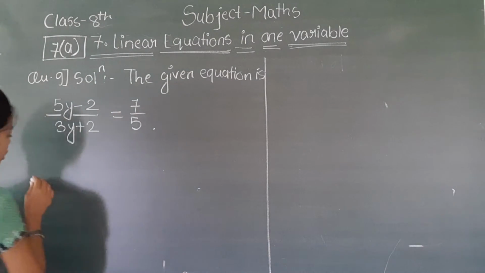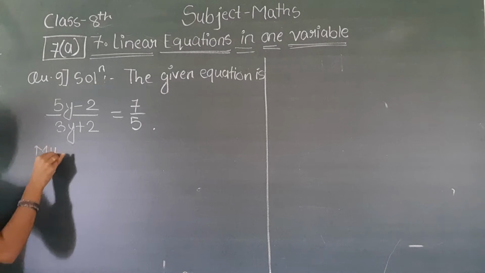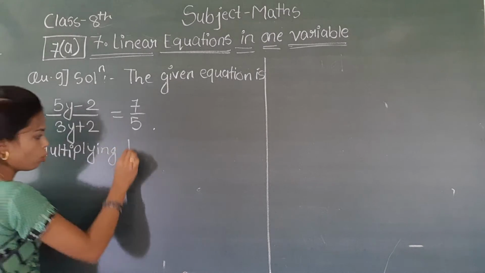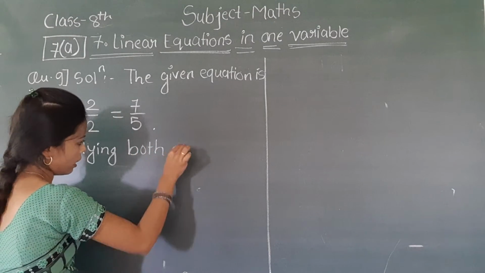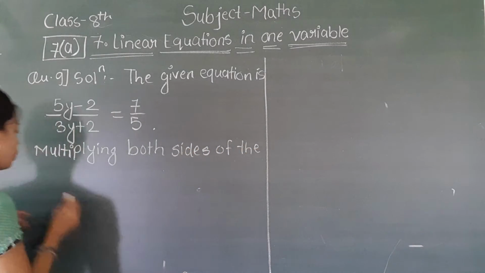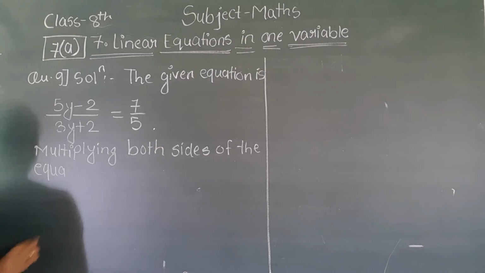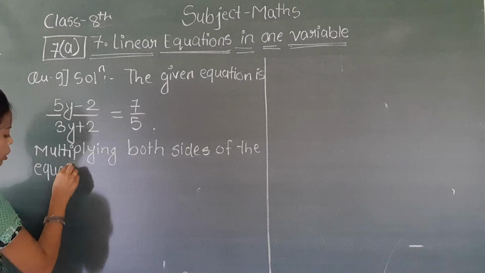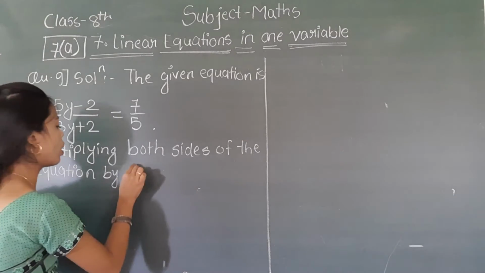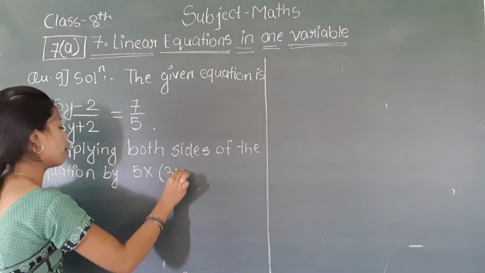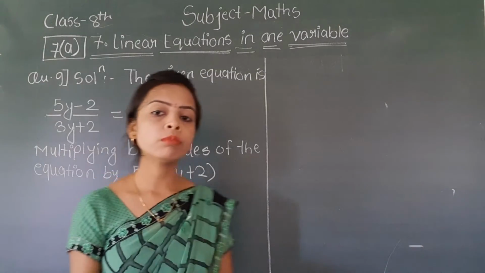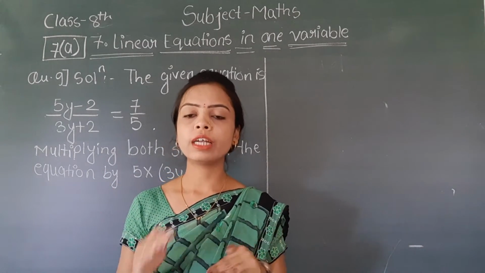Okay, so the next statement is: multiplying both sides of the equation by 5 into (3y plus 2). We multiply both sides by the product of both denominators so that the denominators cancel.